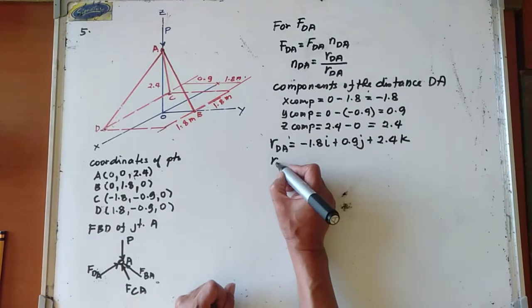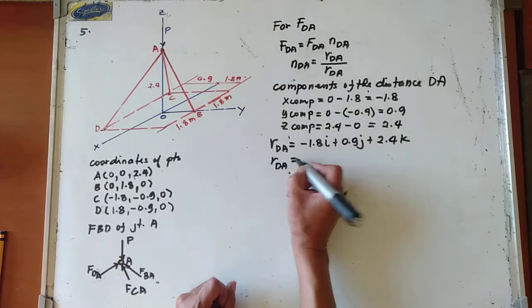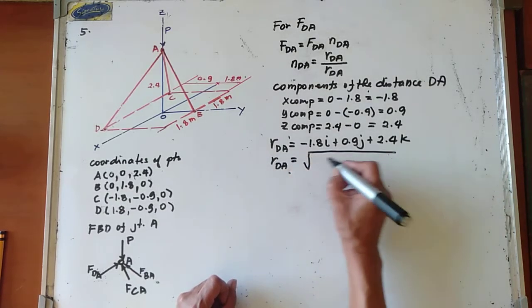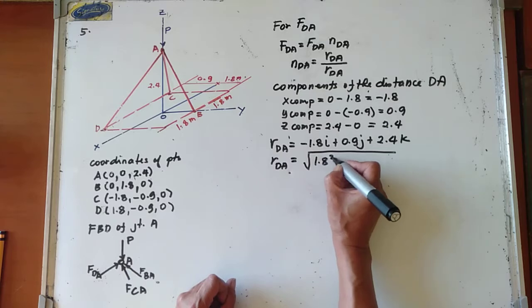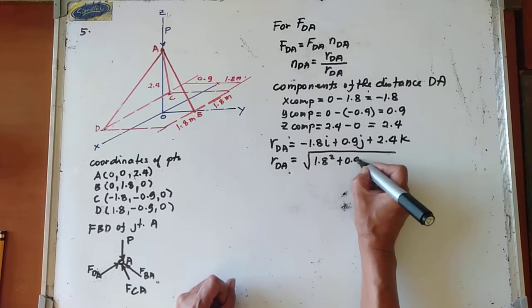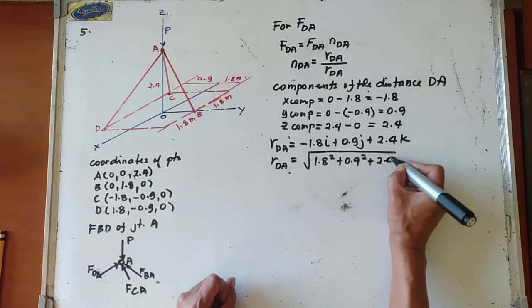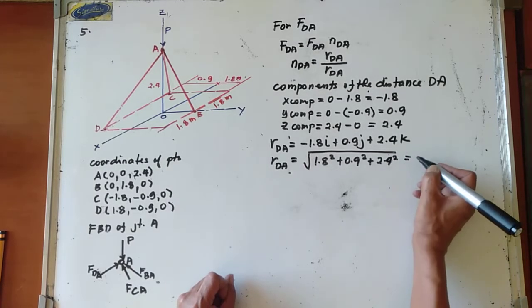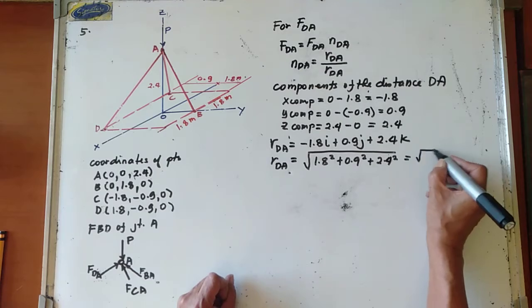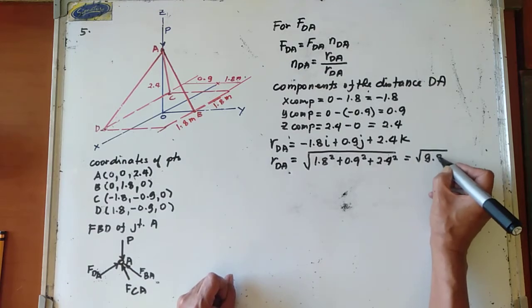Its magnitude is now equal to the square root of 1.8 squared plus 0.9 squared plus 2.4 squared. And this is equal to the square root of 9.81.